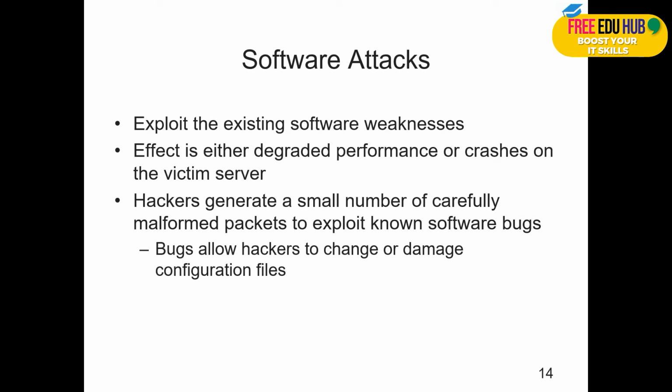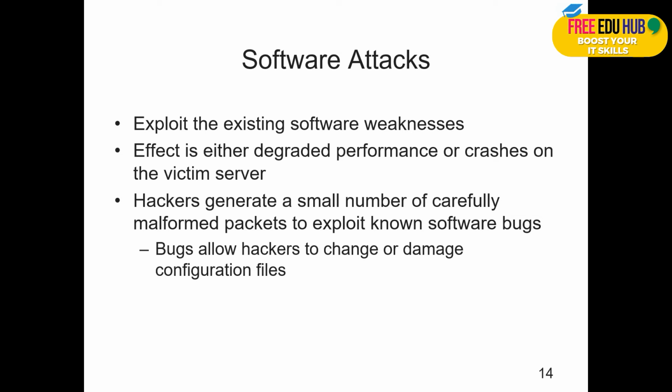Now, software attacks are exploiting existing software weaknesses. If there is software which an organization is using, for example, an ERP or HR software, and they are heavily dependent on it, but the organization has not upgraded it. The reason could be that the system was working perfectly fine, but it's working on Windows XP.